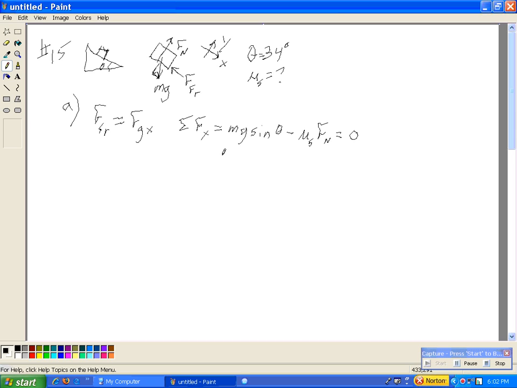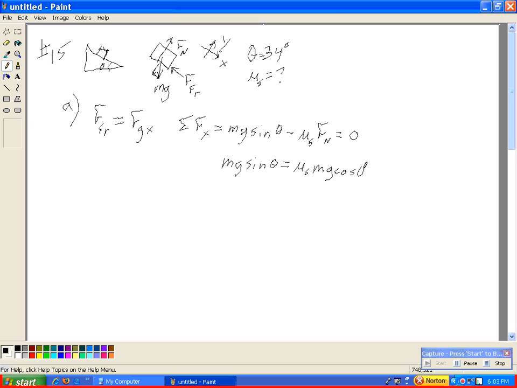Now I'm going to make mg sine theta equal to the force of friction. But instead of writing mu Fn, I'm going to use the value of the normal force, which is mg cosine theta.